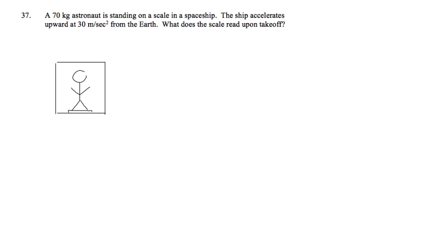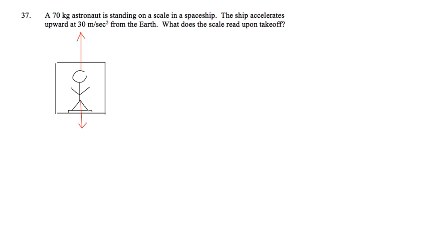Now the scale is going to be the apparent weight. The normal force on the person is what the scale is going to read. So the two forces that are going to be acting on the astronaut are his weight, which is going to be down, and the normal force, which is going to be up.